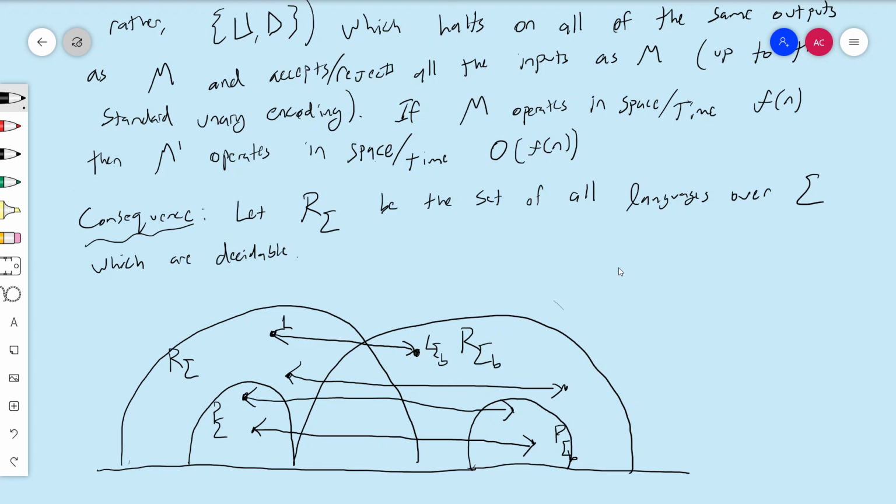Alternatively, I can work with whatever language I want and still know that I'm proving things about that binary computation space. So I'm just going to say all complexity classes are the same regardless of any fixed alphabet.